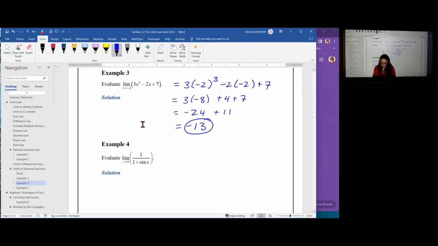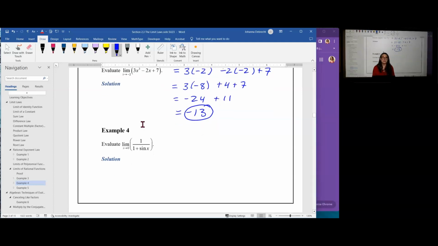Let's look at the second one down here, where we have the limit as x approaches 0 of the quantity 1 divided by the quantity 1 plus sine of x. When we look at this one again, even though it's not strictly polynomial divided by polynomial because of the trig function, we still approach it with the same technique. We're going to substitute 0 in place of x and see if we get a finite real number.